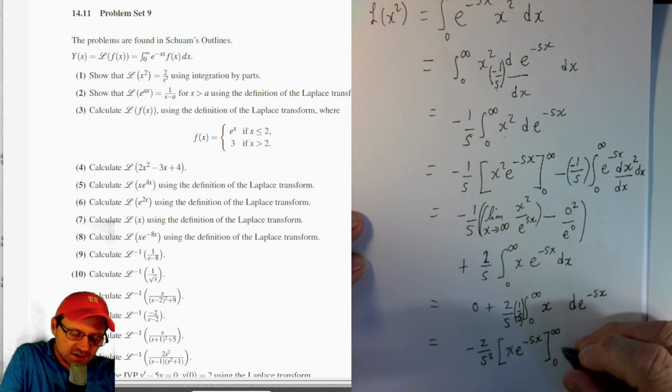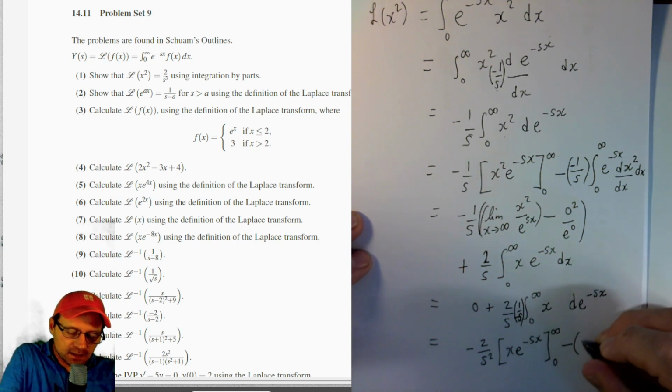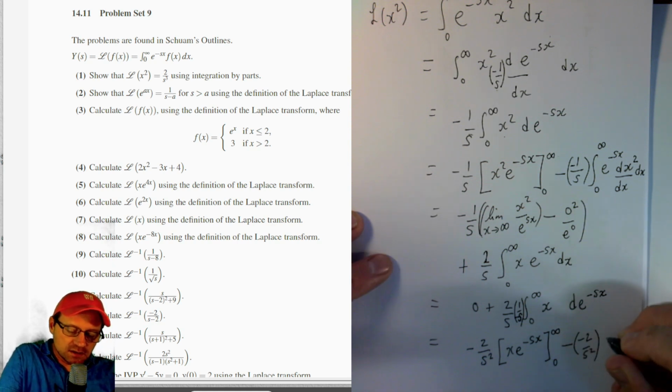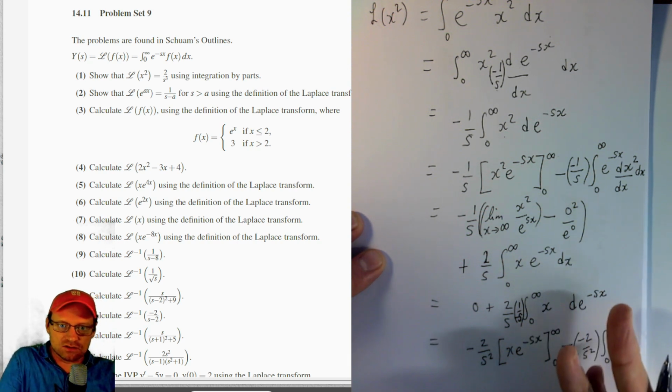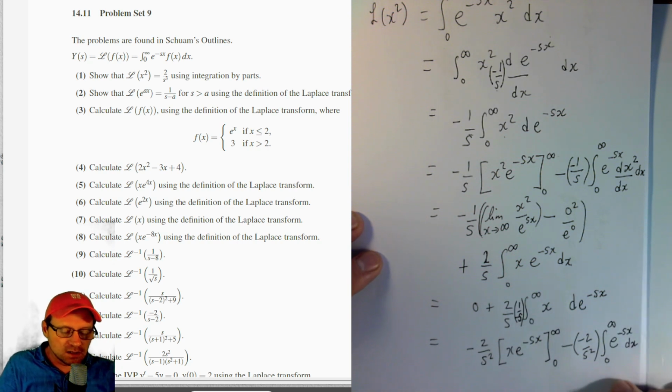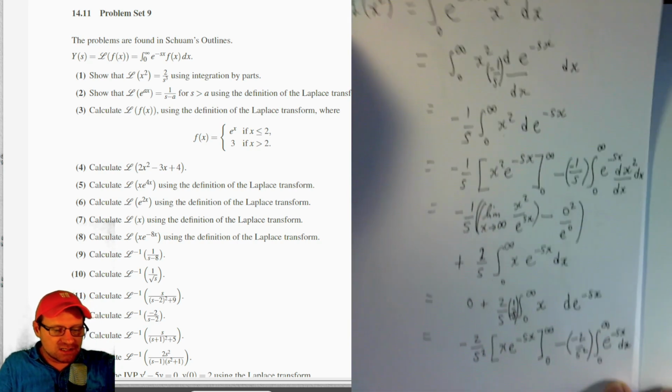Okay, and then we are subtracting minus 2 over s squared, integral from 0 to infinity, e to the minus sx with respect to x. So just taking those and swap them. Okay, so let's continue on.